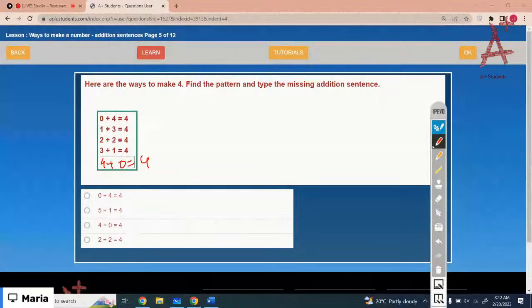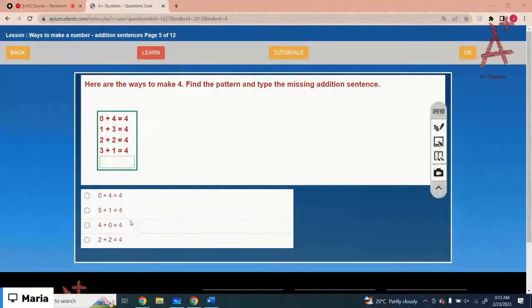So the correct option is 4 plus 0 equals 4. That is option number 3. So just select the correct option and click on the OK button.